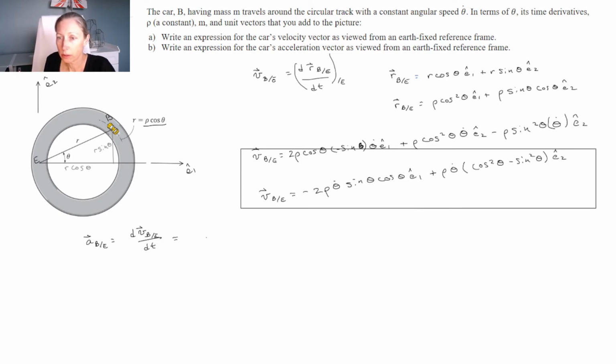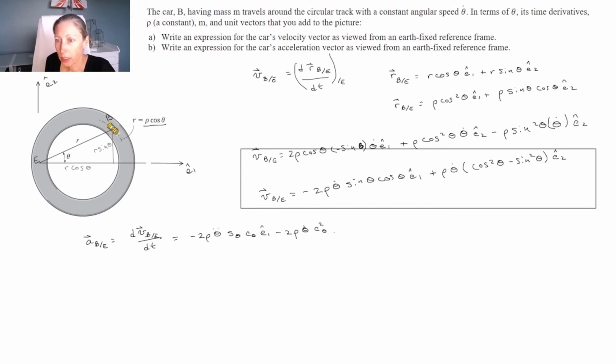So here's the derivative. So here I'm going to start with the first term, the E1. And I'm going to need the product rule. So here we go. So -2 rho theta double dot, and I'm going to use shorthand, so this is going to be sine theta cosine theta. And then I'm going to take the derivative of the sine. So this is going to be -2 rho theta dot cosine squared theta.